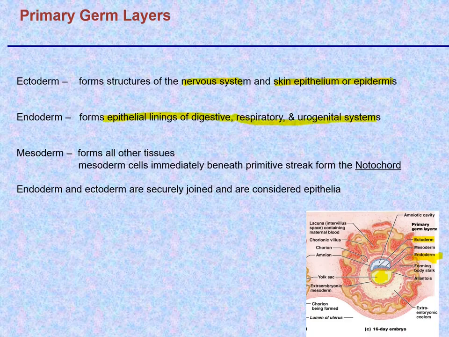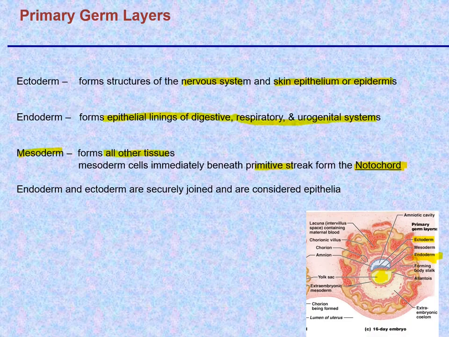And then the mesoderm forms everything else. So mesodermal cells, which are present just below that primitive streak, will go on to form all the other tissues. And initially, you can find just below the primitive streak a structure called the notochord.